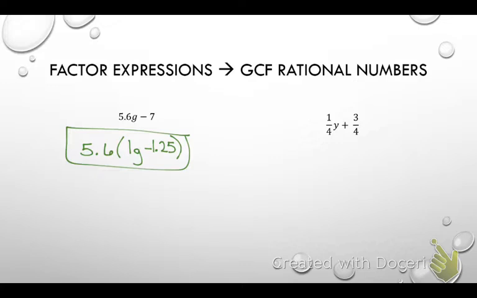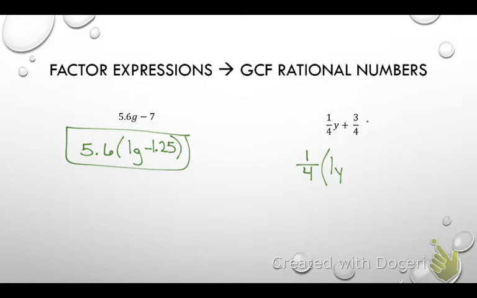Now I want you to look at the fractions. Which fraction would you pull out? 1/4, because it's the smallest. Okay, you're going to pull out 1/4, and what are you left with for the first term? 1y, or just y. But now you must divide 3/4 by the fraction that you pulled out.